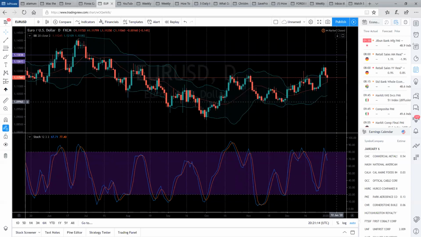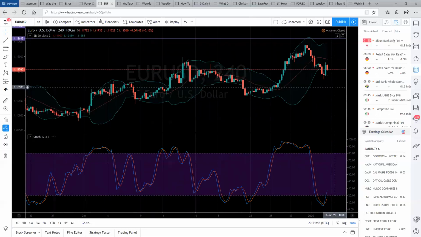And I'm looking forward to price coming into 1.1080. That's where I'm looking at price getting to, 1.1080. Yeah. So let's look at where we can take our entries from.